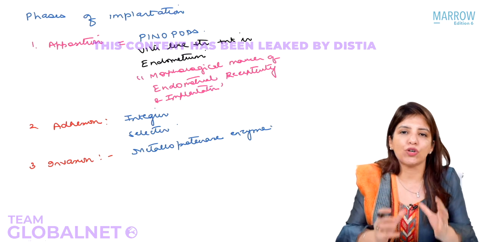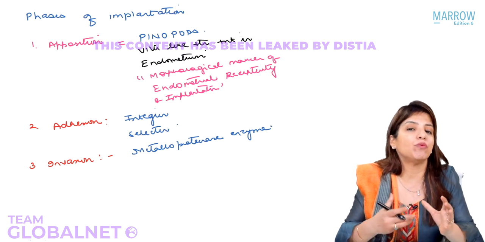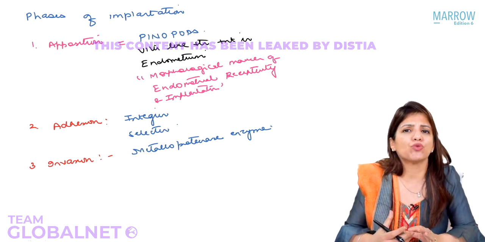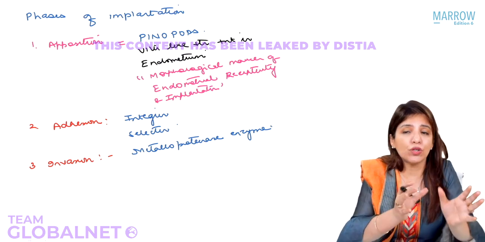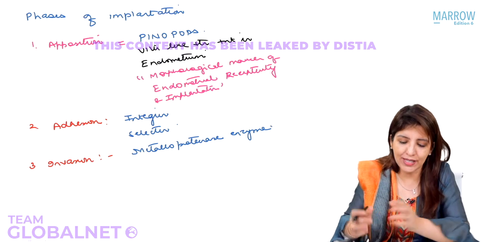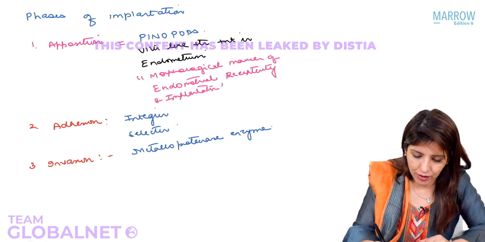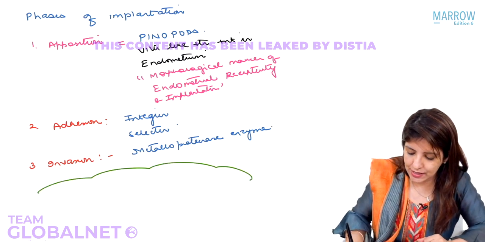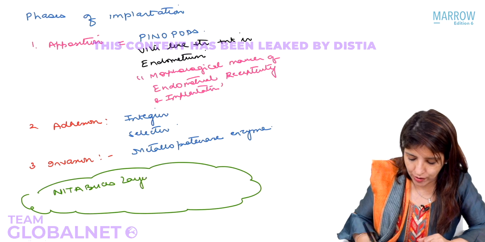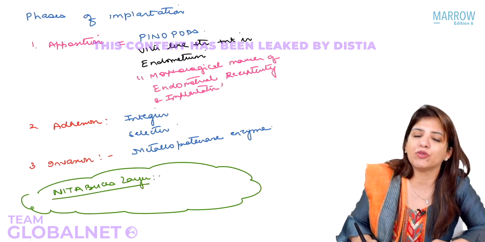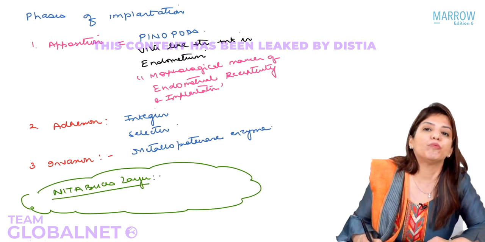So what is the structure which limits this invasion? What is that structure which is going to tell the blastocyst that no, you have to invade only up till here? You don't have to go into the myometrium, right? That is a layer which is called Nitabuch's layer. Right? And I'll tell you a lot of details about Nitabuch's layer when we do the placenta.